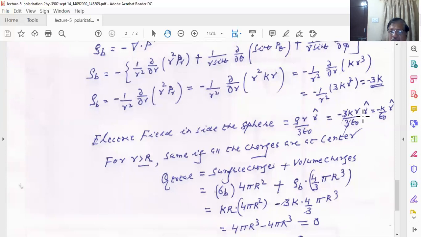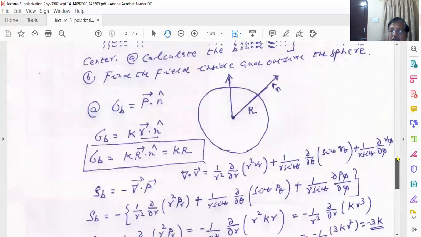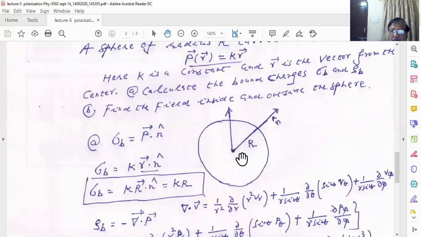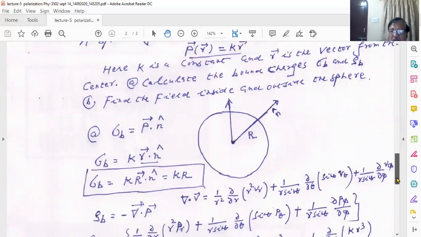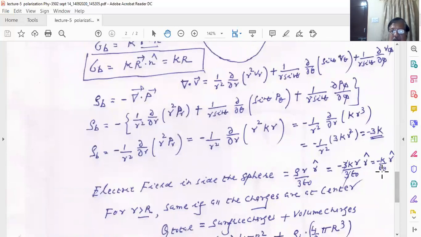These 3s cancel, so we get minus k r upon epsilon 0 in the direction of unit vector r. You see the direction of unit vector r is radially outward, so your electric field will be radially inward, opposite to the direction of unit vector r.